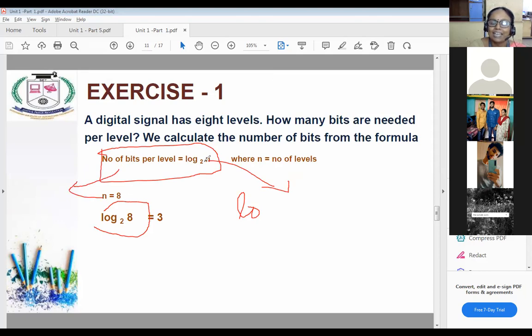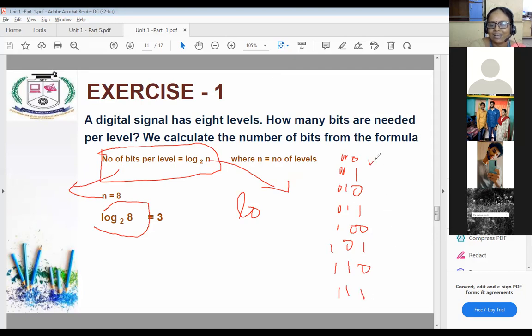So they are saying 8 levels. 8 levels means you all know 0 0 0, 0 0 1, 0 1 0, 0 1 1, 1 0 0, 1 0 1, 1 1 0, 1 1 1.